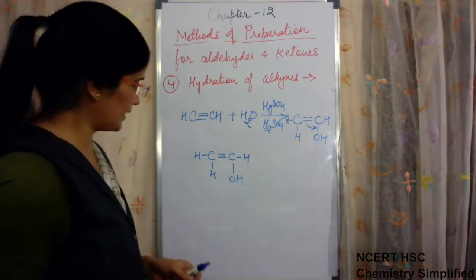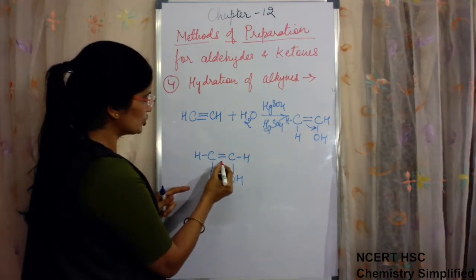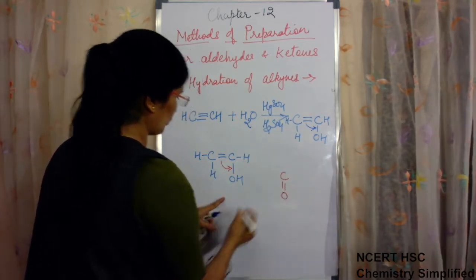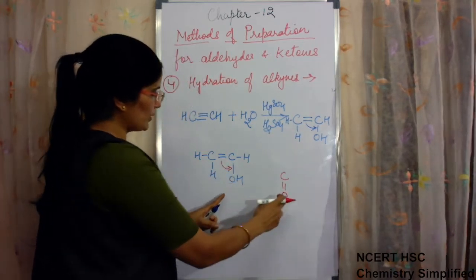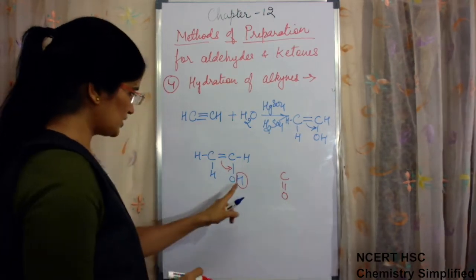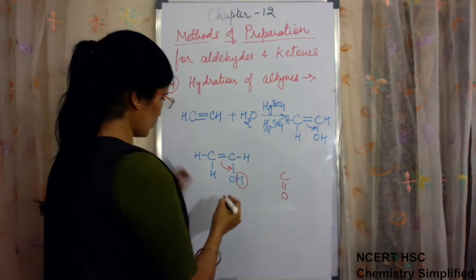Now, what we are saying is that the double bond will shift here. So this C will have a double bond to O. Now when O has a double bond, this H cannot stay with O. This H has to shift.